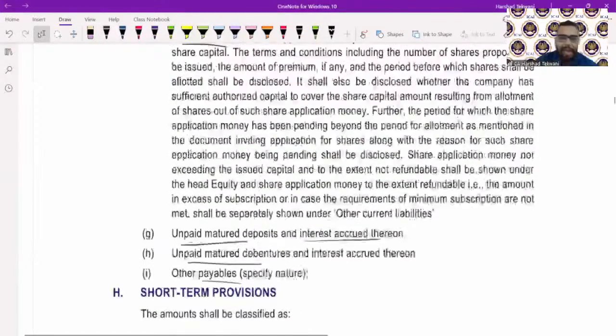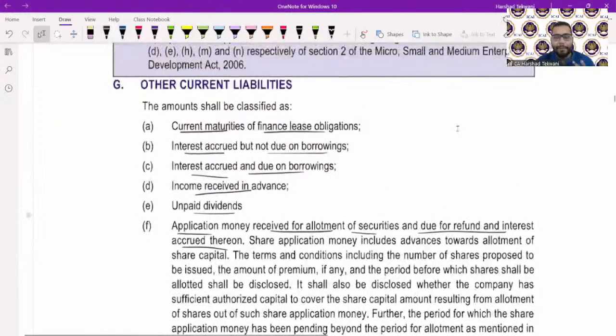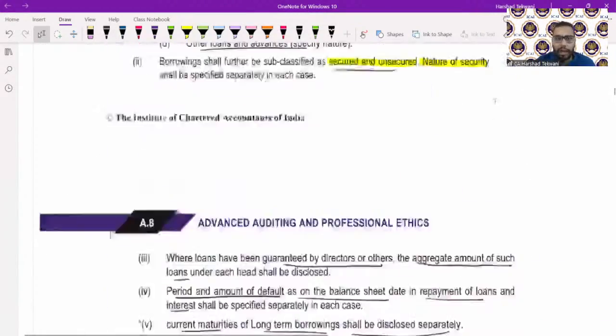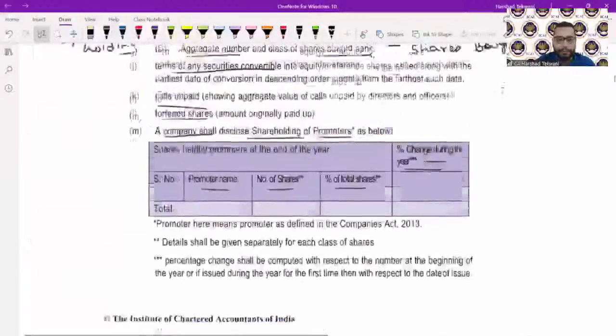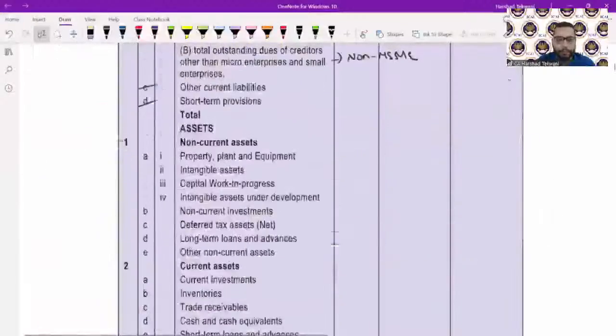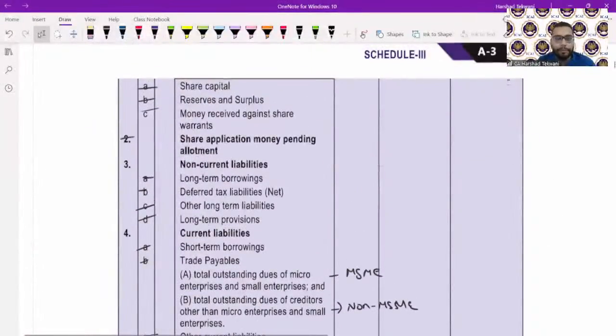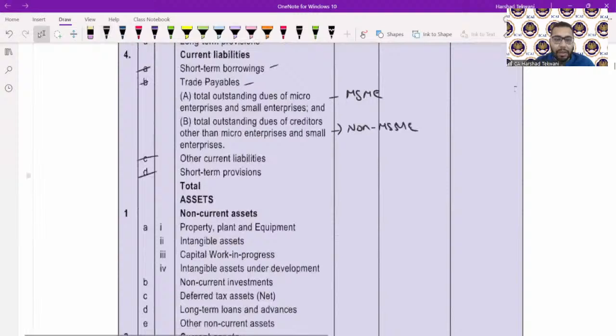I'll give you a quick understanding of this particular note to accounts, other current liabilities. If you see the balance sheet again, here are long-term borrowings, deferred taxes, other long-term liabilities, long-term provisions, and then short-term borrowings, payables, and provisions.